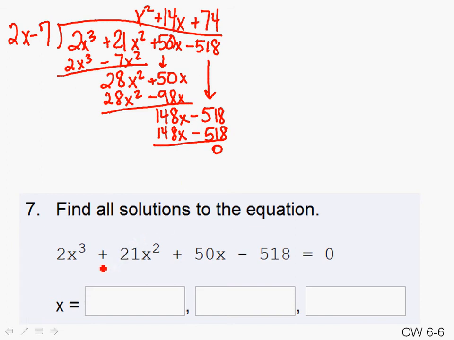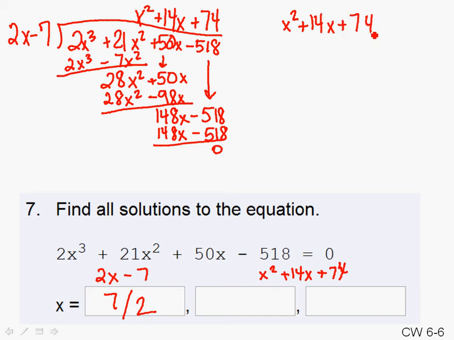We already know that 2x minus 7 gives us 7 over 2 as one of our solutions. Now we're going to take x squared plus 14x plus 74, which will give us the other two solutions. So we have x squared plus 14x plus 74 set equal to 0.